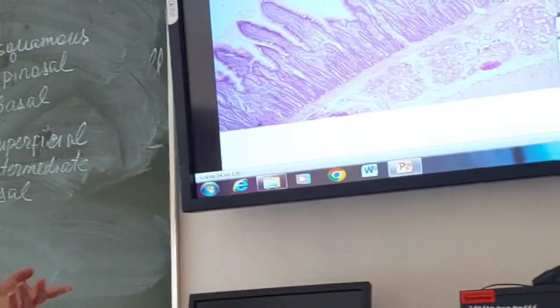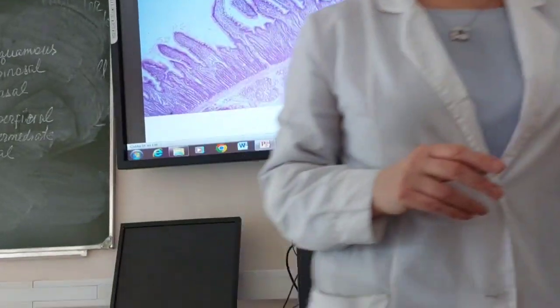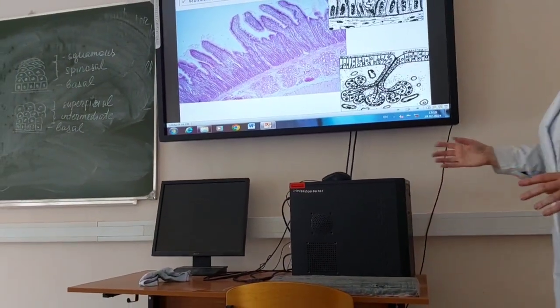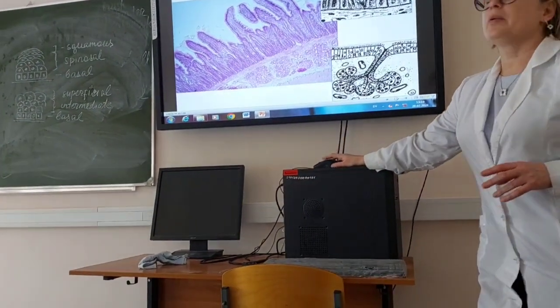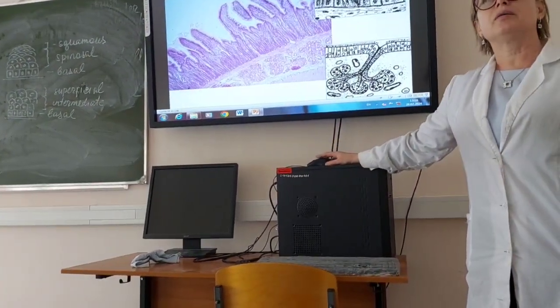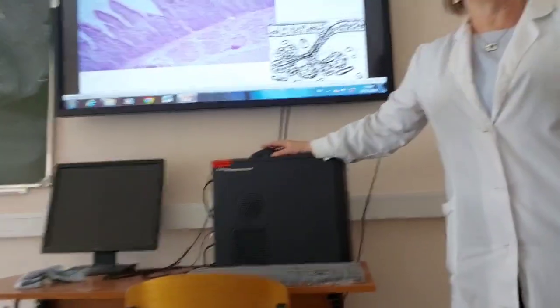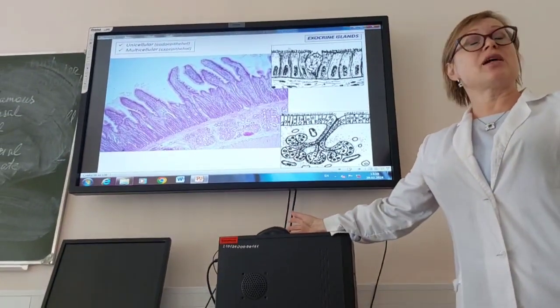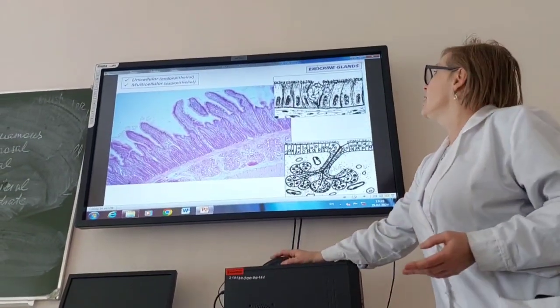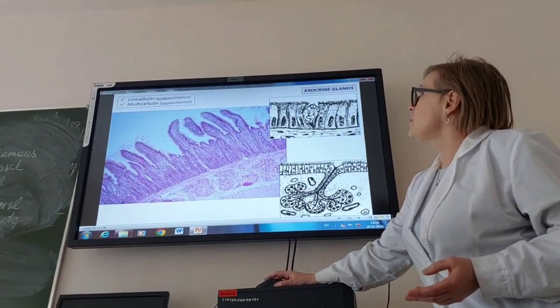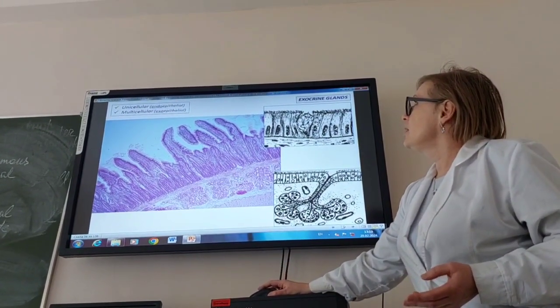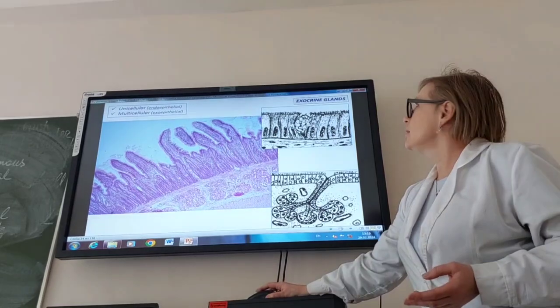For example, in columnar epithelium, we have the goblet cell. If you did your homework for this class, no such question you would have. For example, among epithelial cells, we can see goblet cell.